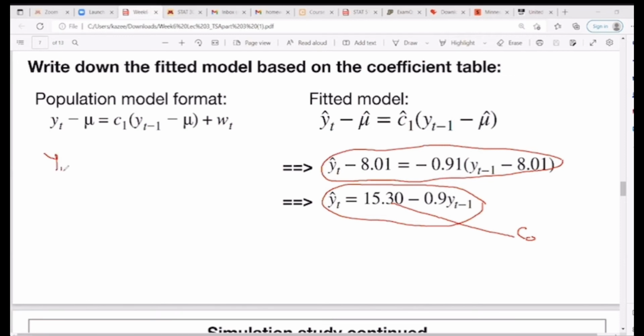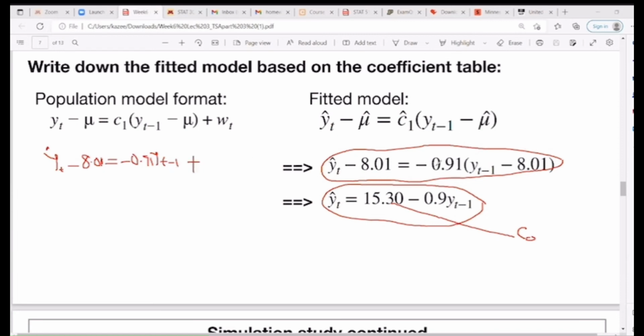We've got Y_t cap equal to minus 8.01, right? If I multiply that by that, that's going to be minus 0.91 Y_{t-1}. Then if you use this to multiply that, that's going to be a plus.